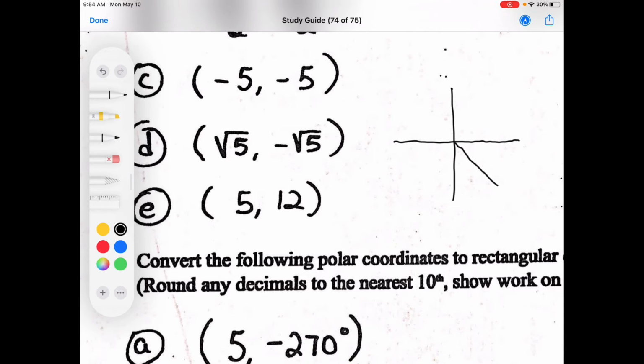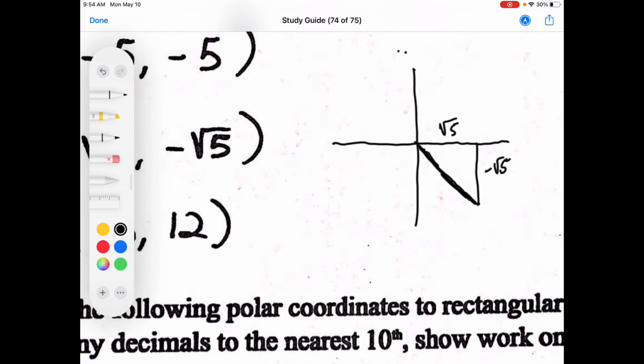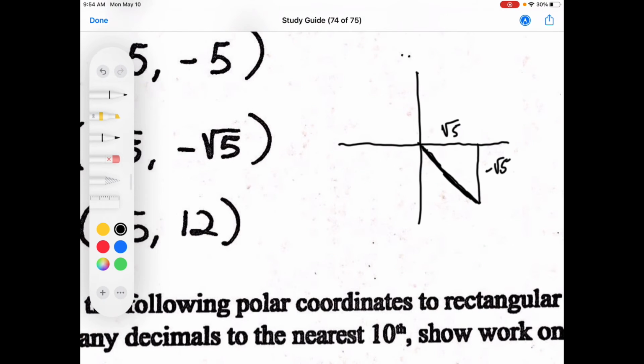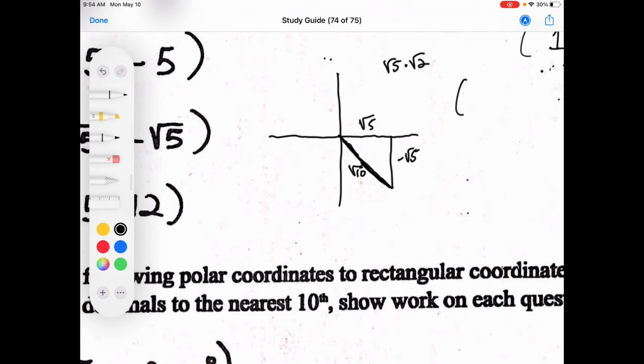We're at positive root 5, negative root 5. What would my radius be? Well, remember, we take our leg length of the right triangle and multiply it times root 2. So we're doing root 5 times root 2, which is root 10. That's my radius. So my radius is root 10.